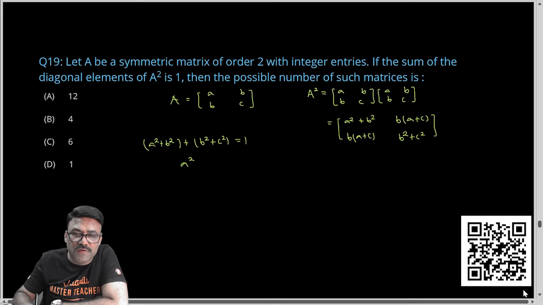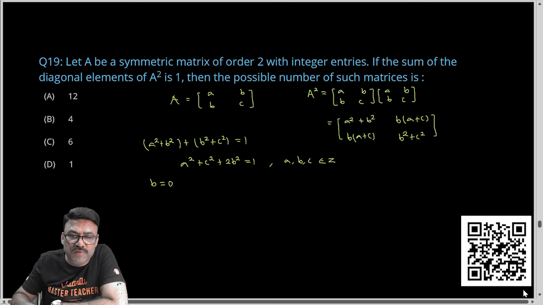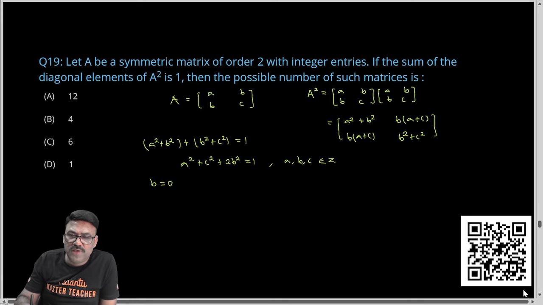This gives you A square plus C square plus 2B square equal to 1, and A, B, C are integers here. This is possible only when B is 0. So B must be 0 here. If B is anything other than 0, the left-hand side cannot become 1.